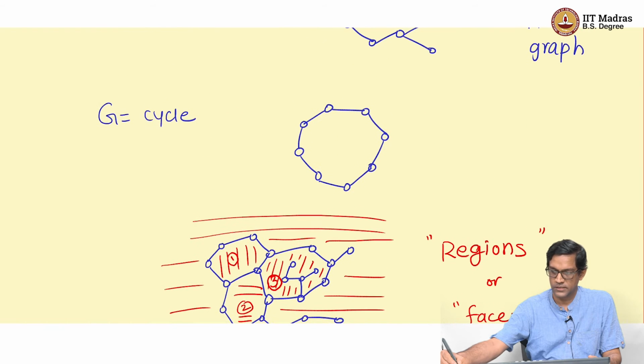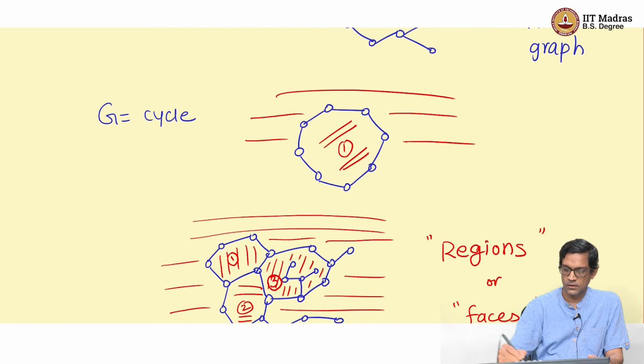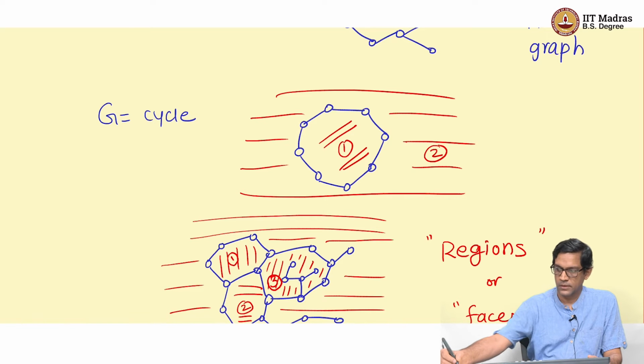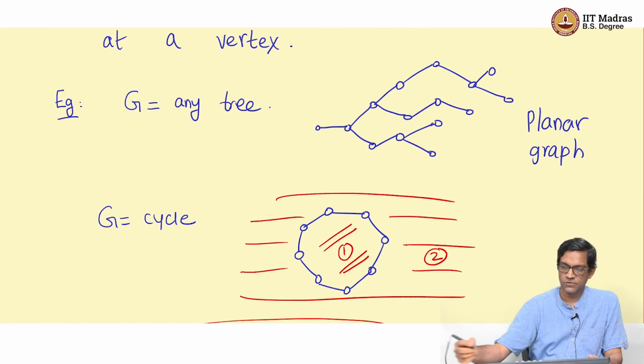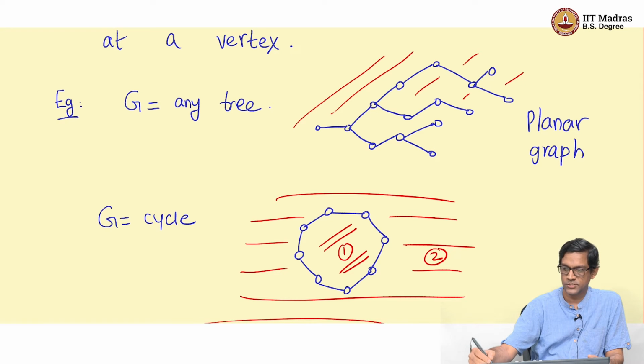So let's look at the earlier examples. If I had a single cycle, then there is one inside region and one outside region. So there are 2 regions here. And in the case of a tree, there are no inside regions. You've only got an outside region because there is no region which is completely surrounded on all sides by the edges of the graph.